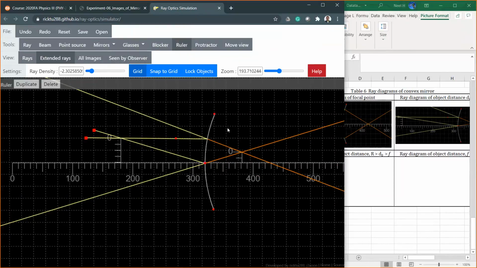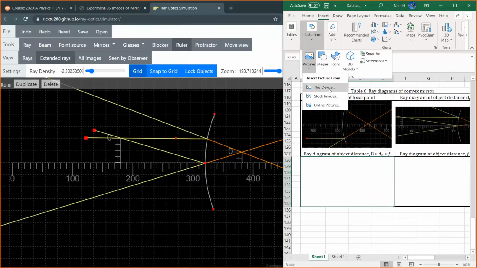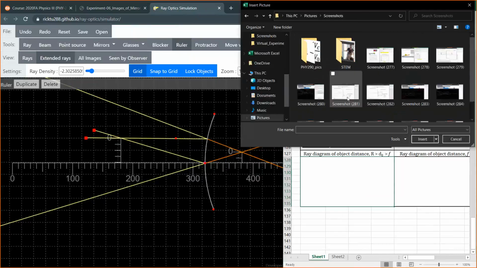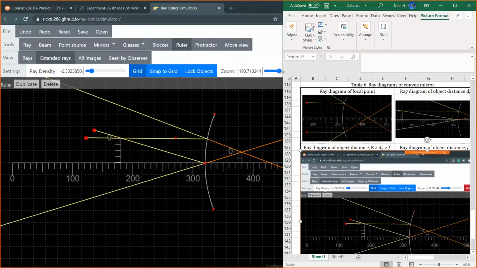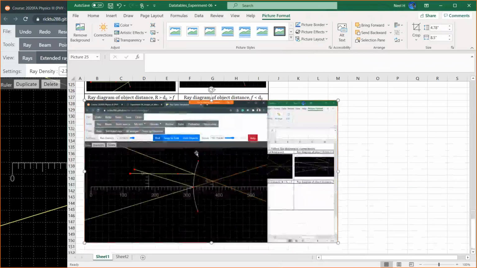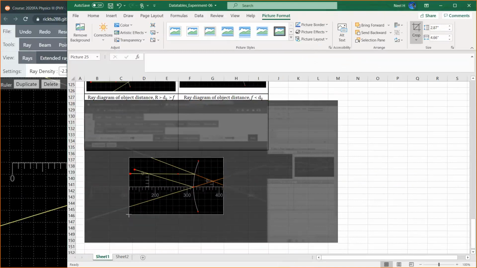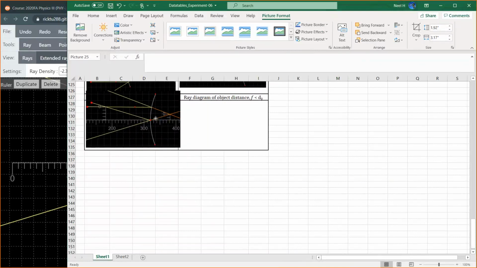Take a screenshot that goes to this space. Crop out anything unnecessary, and then that's our new diagram. Okay, that's our new ray diagram.